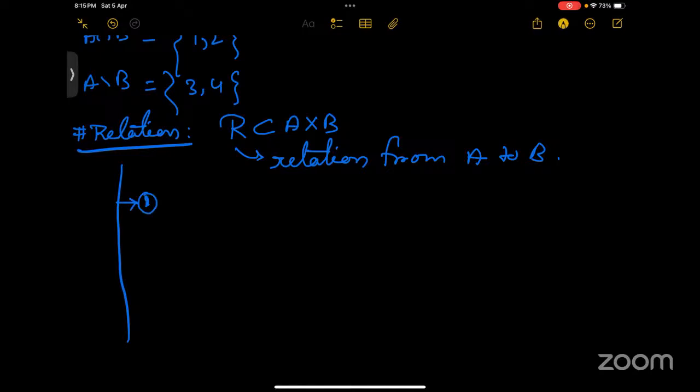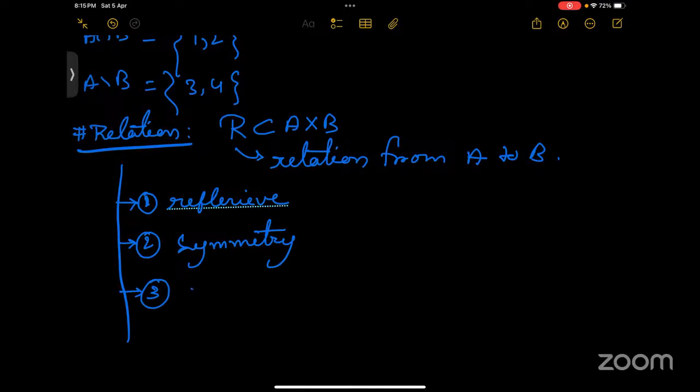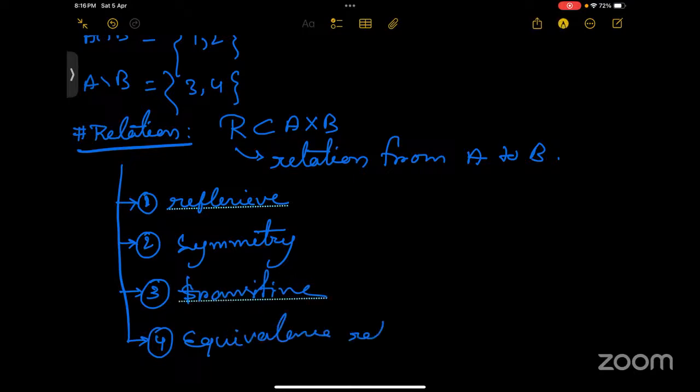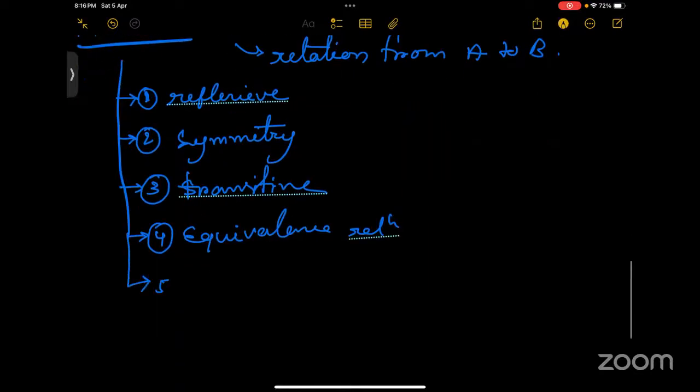First, identity, reflexive, symmetric, and transitive. So these are the 5 types of relation.